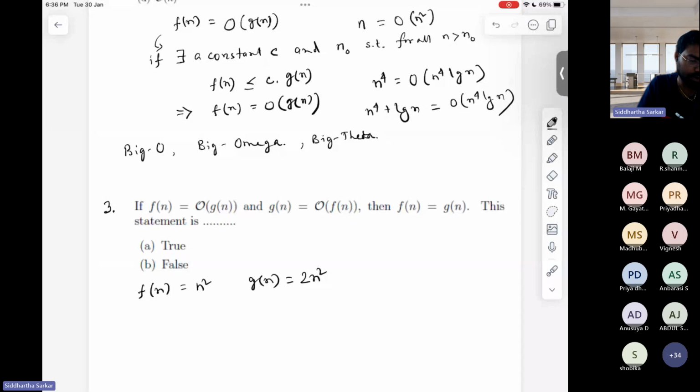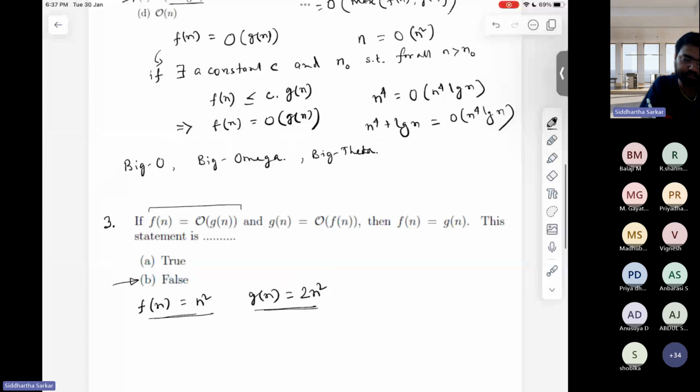Anyway, let's look at why this is false. As Madhubalan has pointed out, this is false, and he is correct. The reason is simple, and he has given an example also. If fn is n squared and gn is 2n squared, then the statement that fn is order gn is correct, because look at this definition.